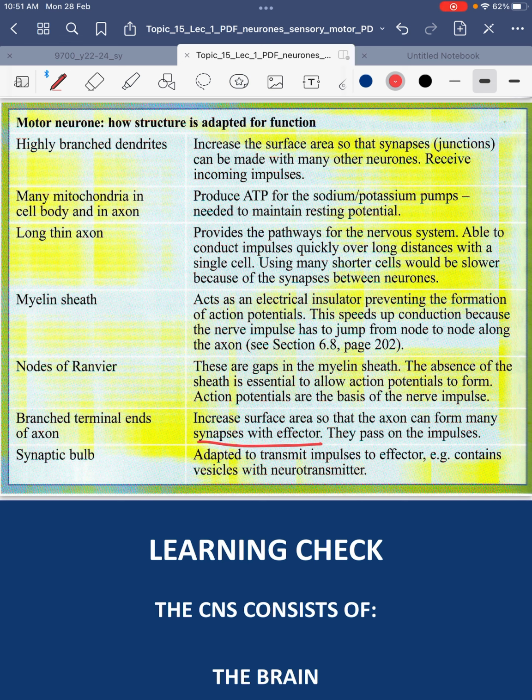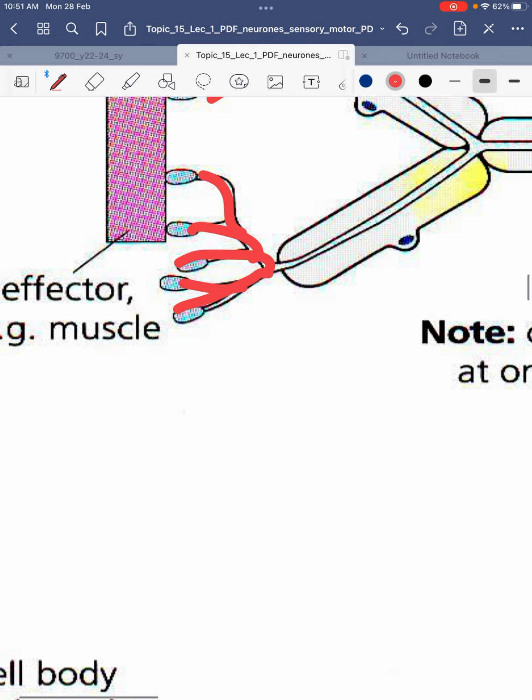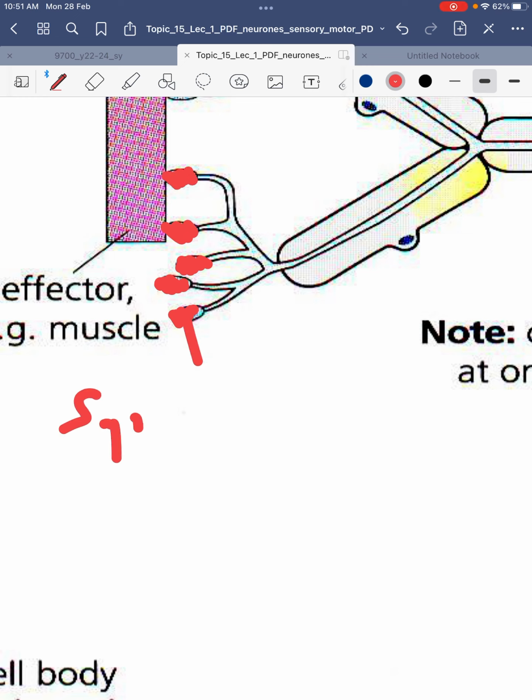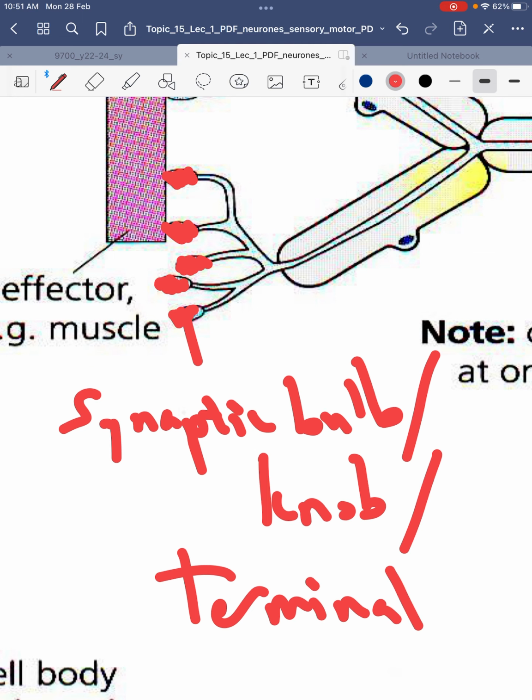Synaptic bulb, it contains neurotransmitters. So this is the synaptic bulb here. This is called synaptic bulb. Remember just now, it can be called synaptic knob. It can be called synaptic terminal.